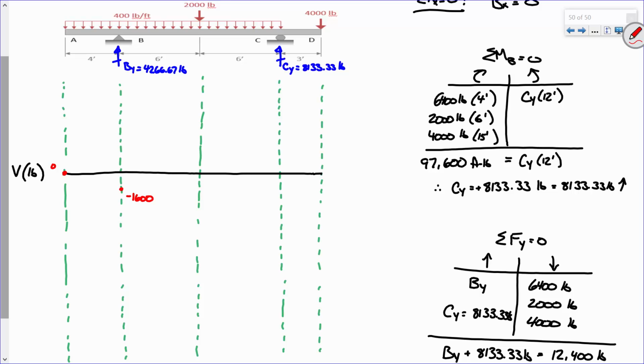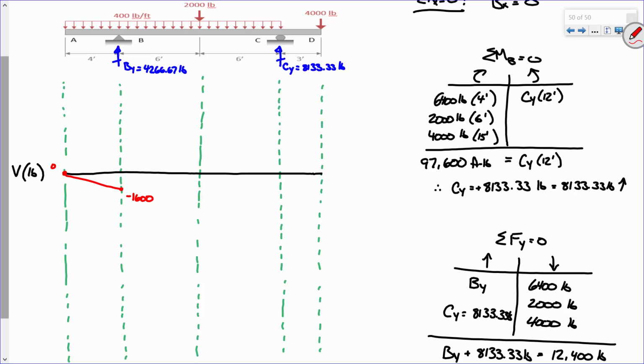It's a constant 400 pounds per foot. So I propose the slope is constant. And what type of graph has a constant slope? A line, right? That's what a line is. That is the definition of it. So, that's a line. Does that make sense?